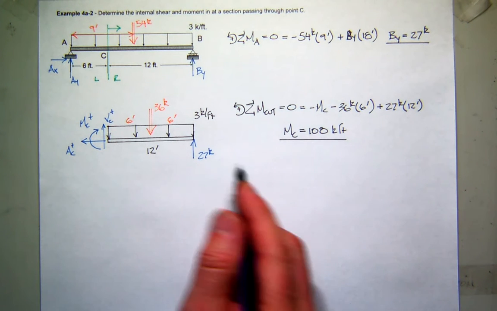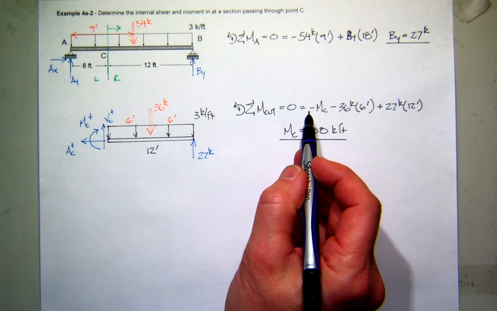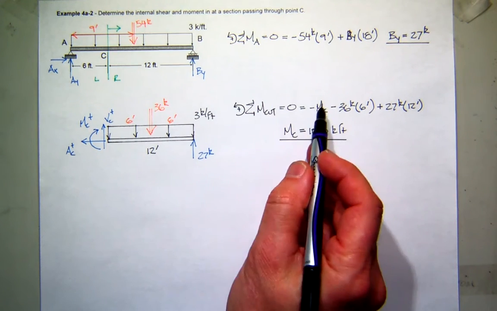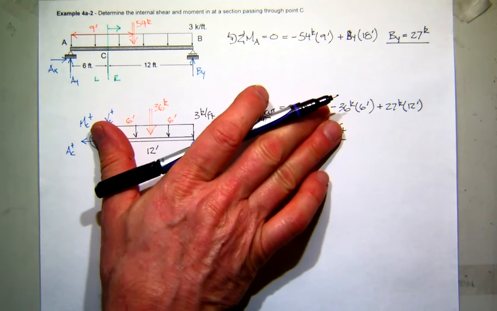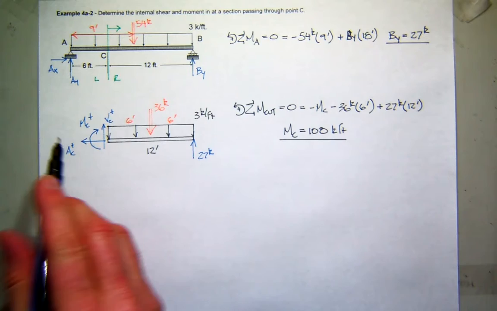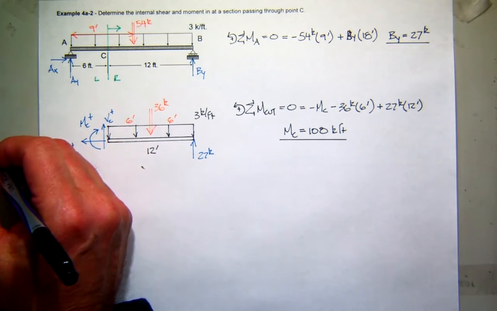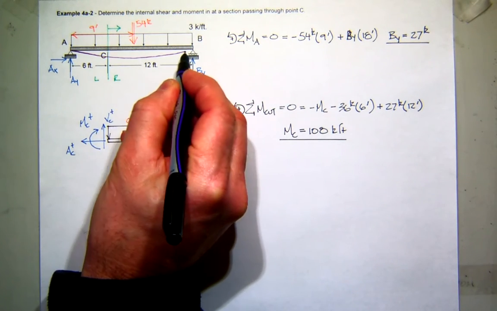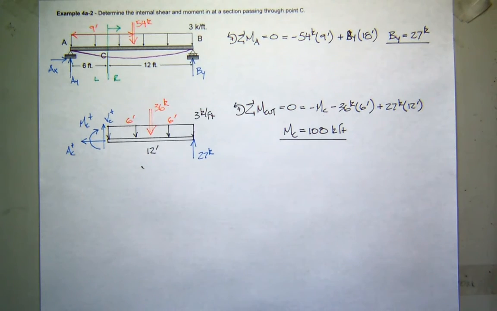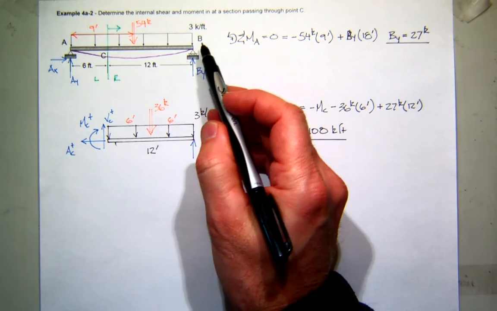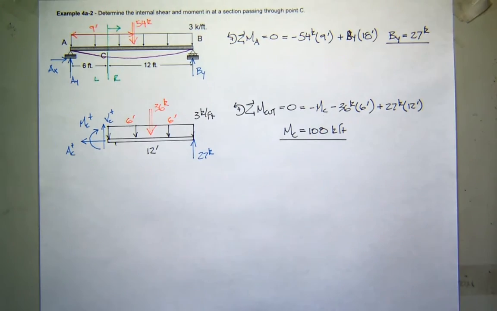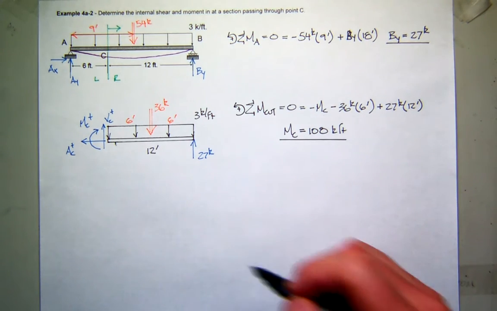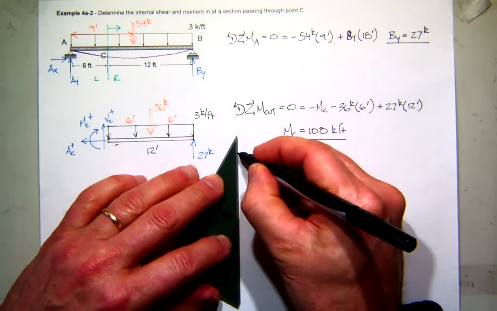No, I moved the minus MC to the other side, so that's a positive number. So the deflection is going to be something like this. If you look at it, everywhere in the beam it's kind of smiling. It's concave up, so we expect positive moment everywhere. So that seems reasonable.